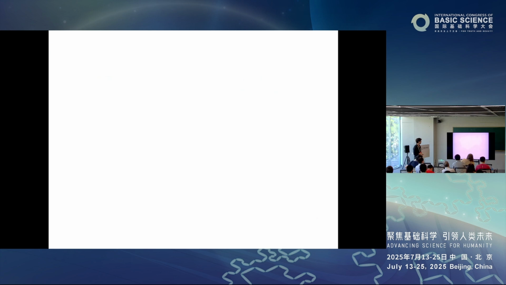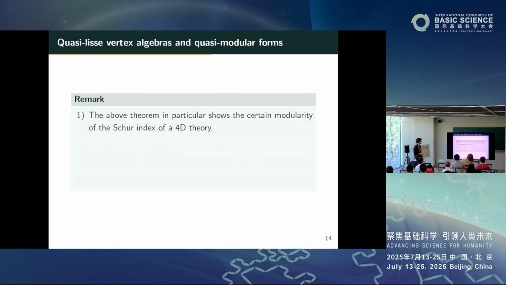So if you recall the fact that the Schur index is the same as the character of a vertex algebra coming from 4D, this previous theorem states certain modularity property of the Schur index of the 4D theory.